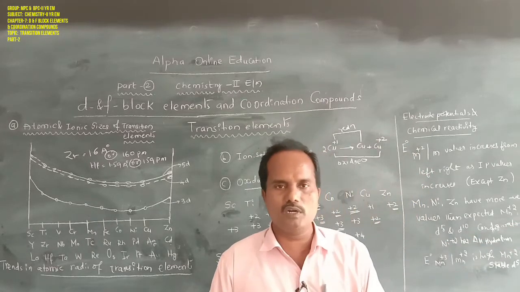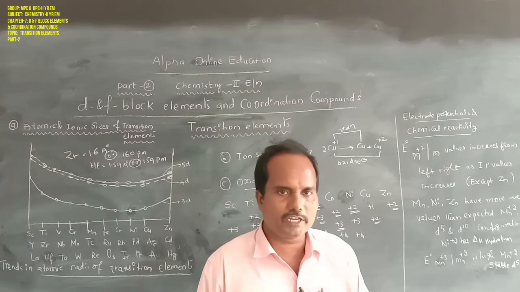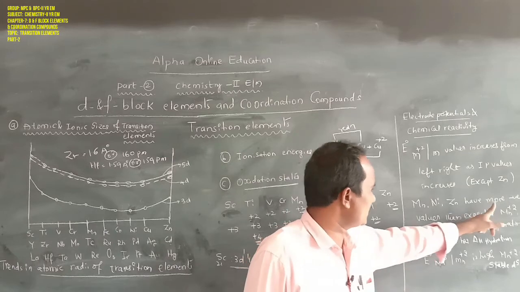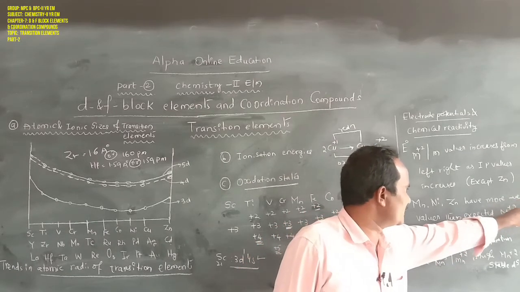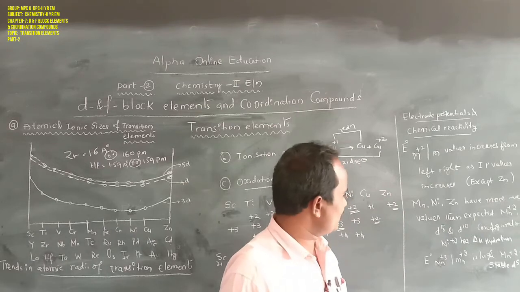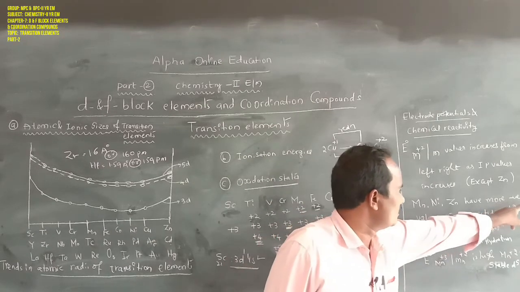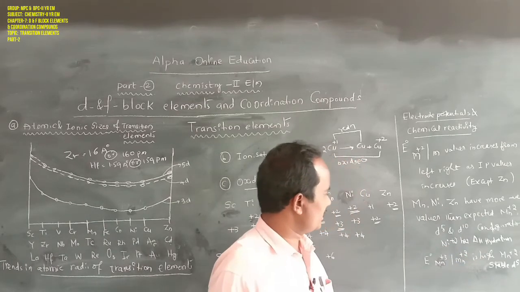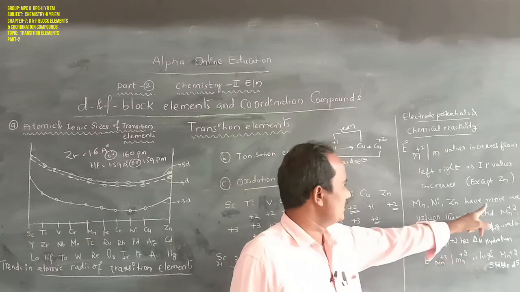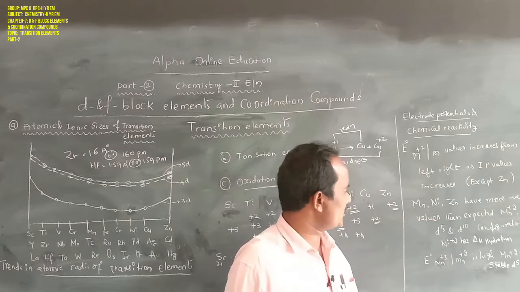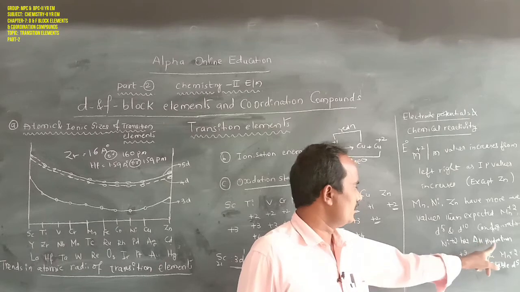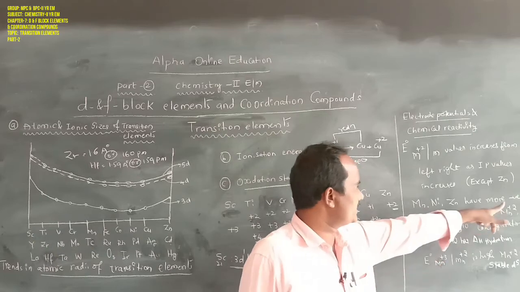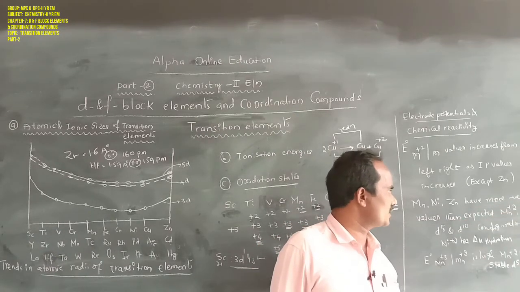Because of the more stable d5 and d10 configurations, their standard reduction potential values are more negative. Nickel also has a more negative value because of its high hydration enthalpies.